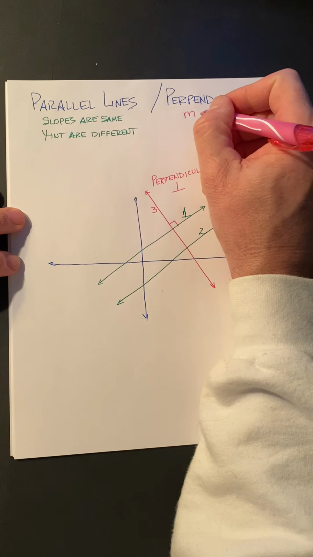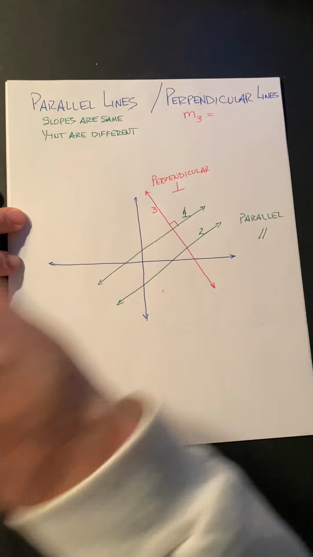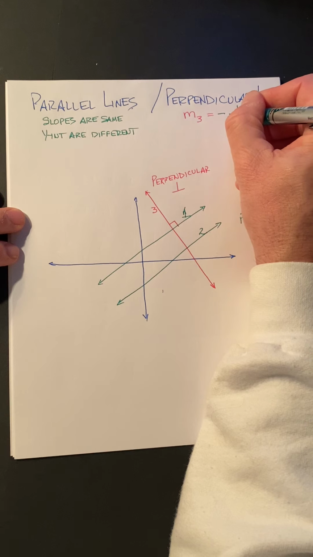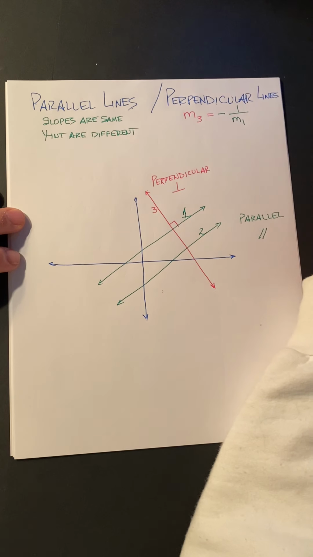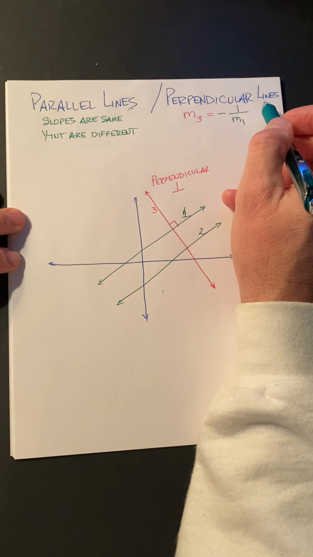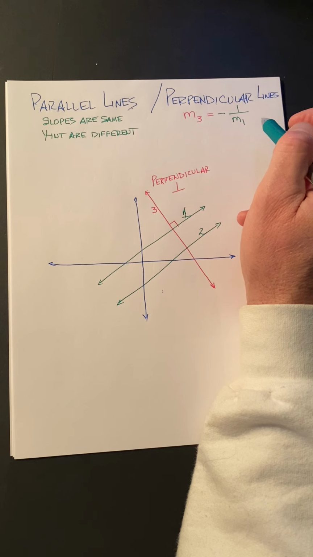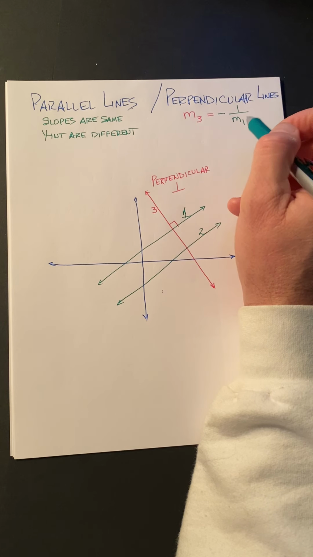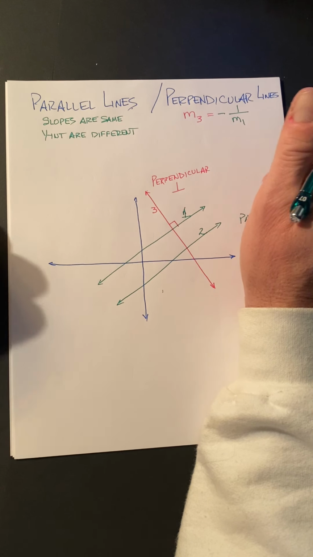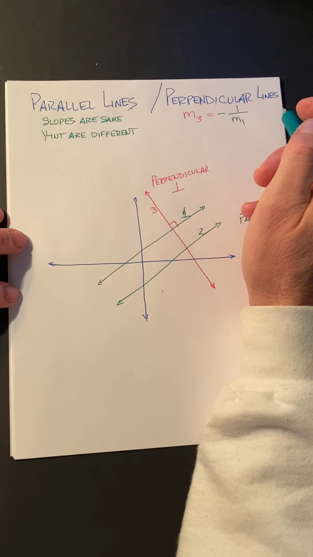So the slope of line 3 is equal to the negative reciprocal of line 1, okay? So perpendicular lines have negative reciprocal slopes of one another, okay? Do not say opposites, because that is too general and does not tell us what we need to know.